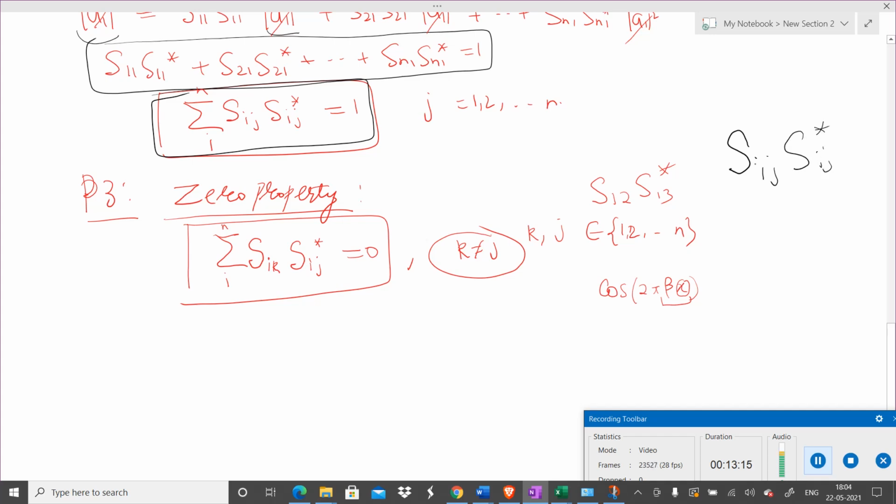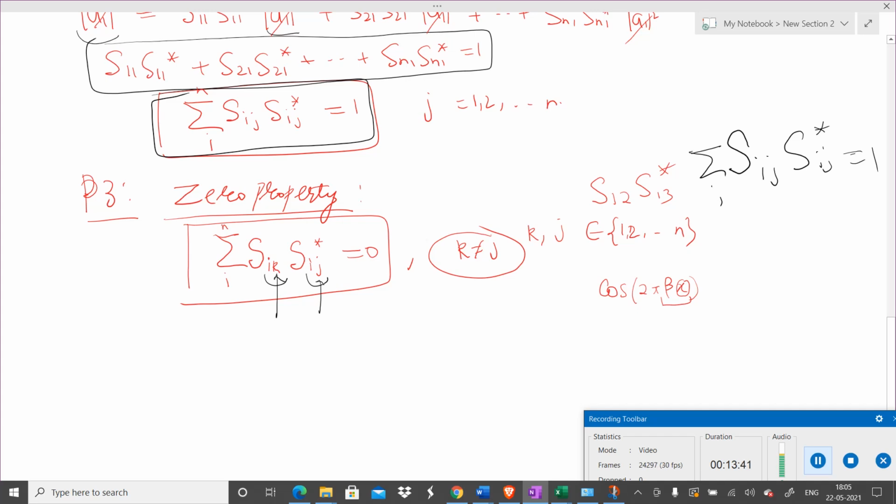So you have the same i and j index here, and you sum with respect to i, you get 1. Now here you have Sik, Sij. It means you are considering port i, and there you are considering two different ports, k port and j port, and then summing it over, it should equal 0.